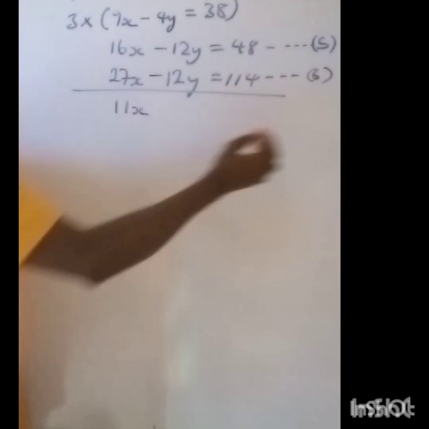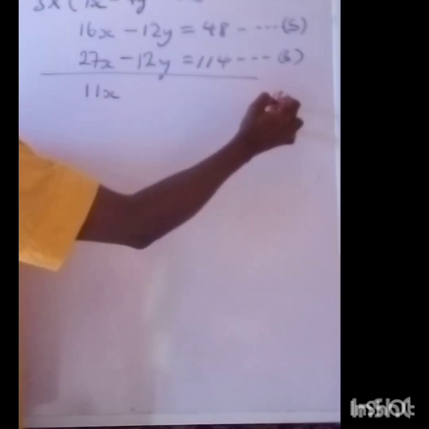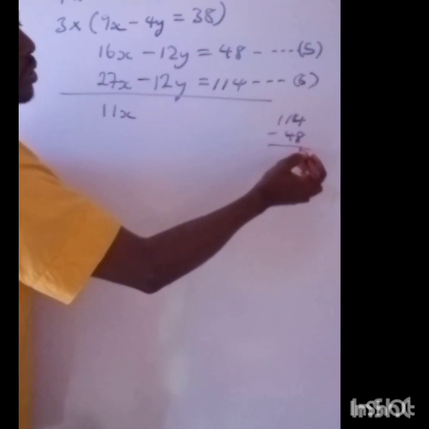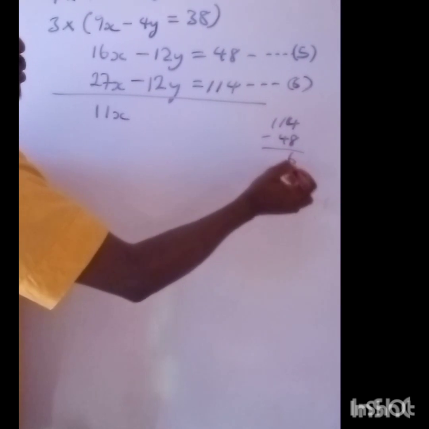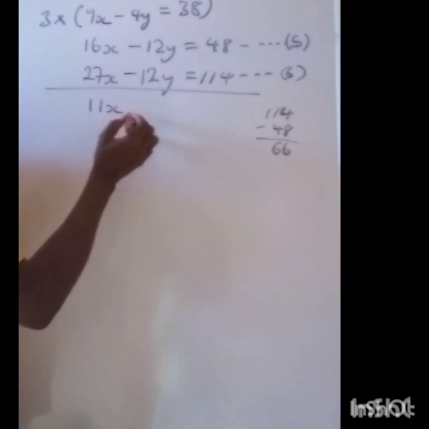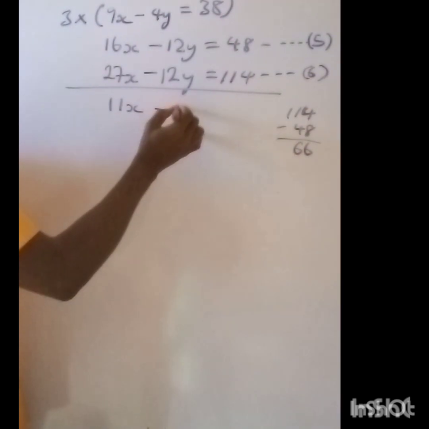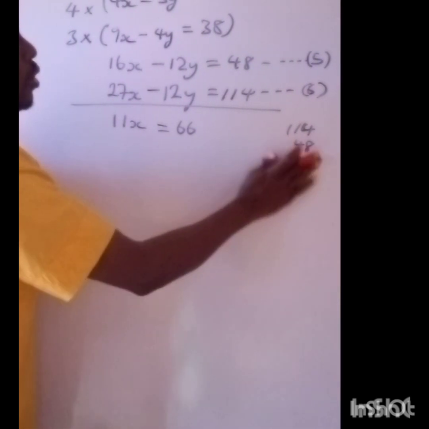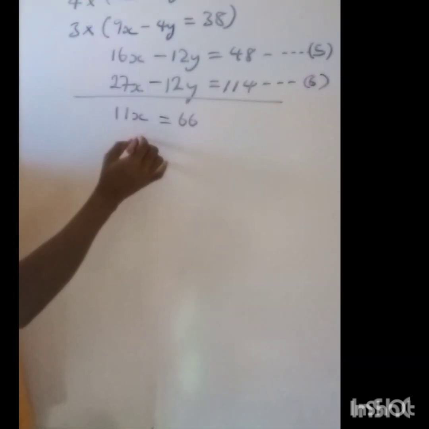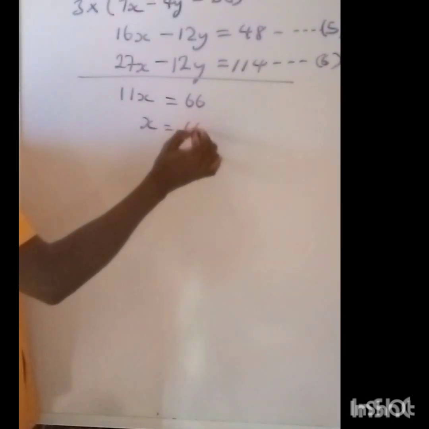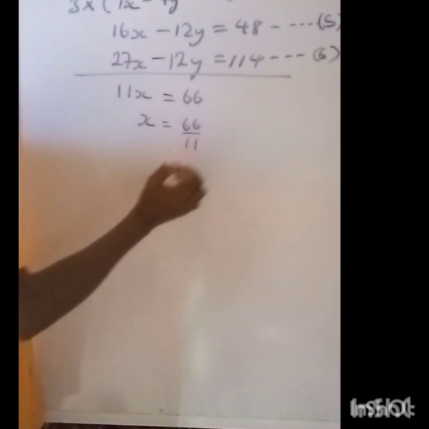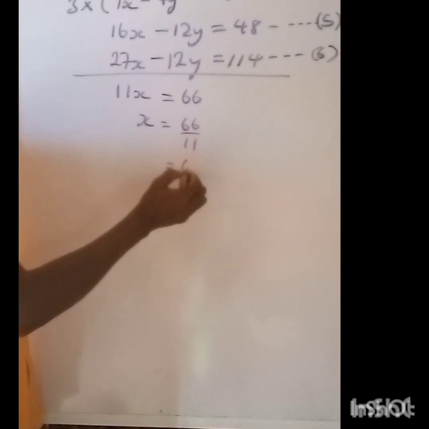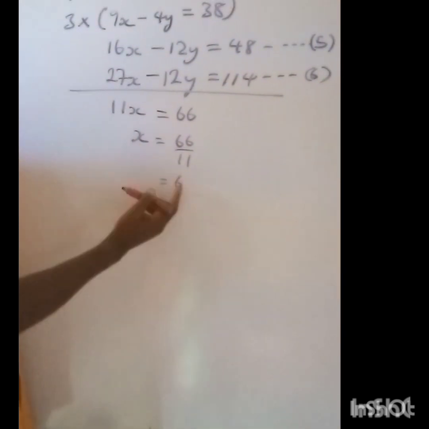Then 114 minus 48 gives us 66. So we have 66 as a result here. So x is 66 over 11. 66 divided by 11 gives us 6. So our value of x is 6.